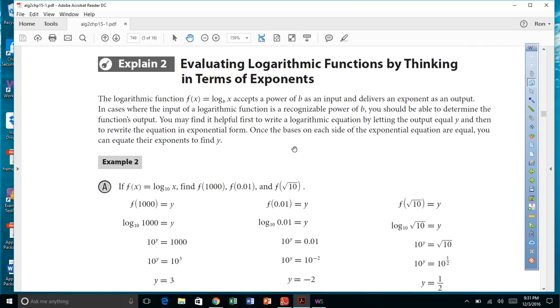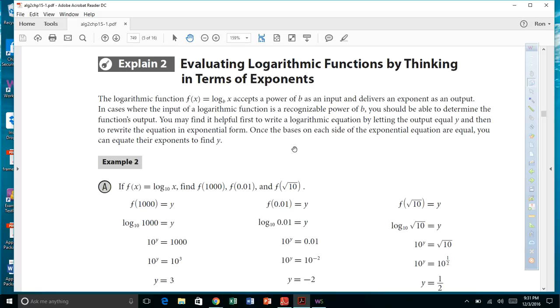Explain 2. Evaluating logarithmic functions by thinking in terms of exponents. The logarithmic function f of x equals log base b of x accepts a power of b as an input and delivers an exponent as an output. In cases where the input of a logarithmic function is a recognizable power of b, you should be able to determine the function's output.